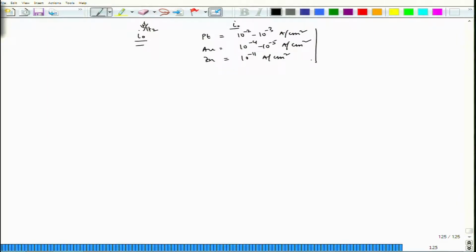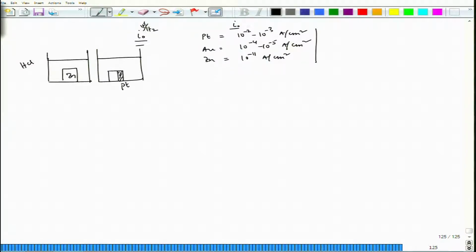All these values would have a definite effect on the zinc corrosion rate. Now, how are we considering this? For example, if we have two beakers, in one beaker we have a zinc plate, a zinc block, and the concentration of the electrolyte, that is acid medium HCl, is the same, and in the other case I have zinc in connection with a platinum plate.